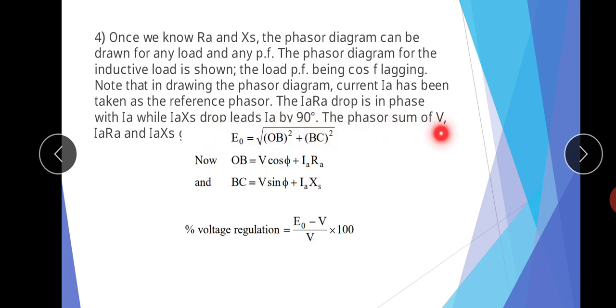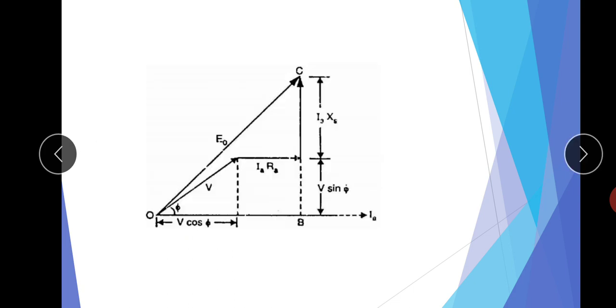The phasor sum of V, IA RA and IA XS is equal to E naught, which is the square root of OB square plus BC square, through Pythagoras theorem.